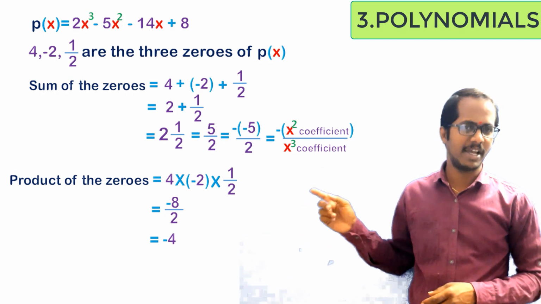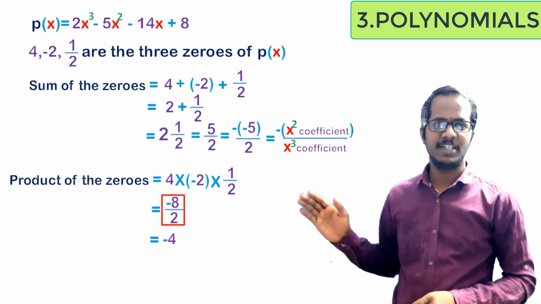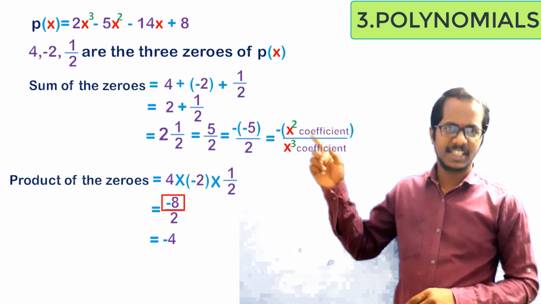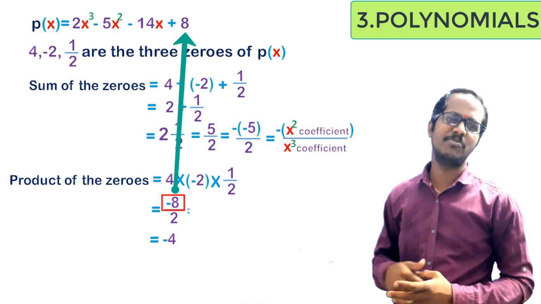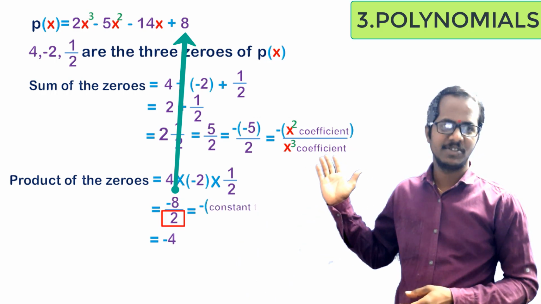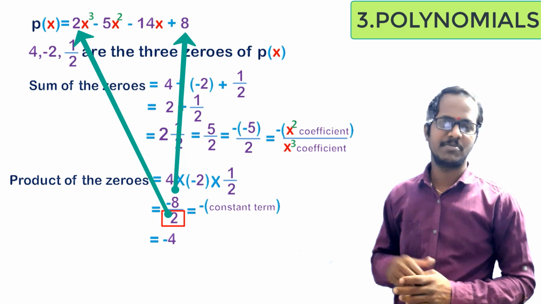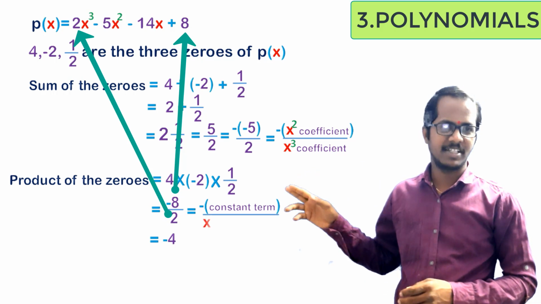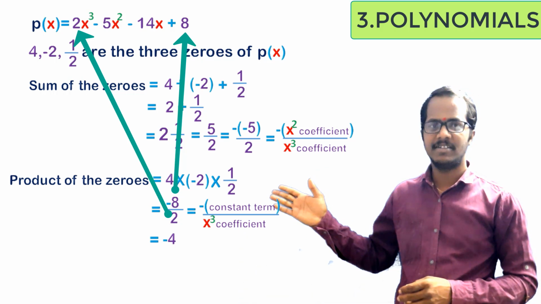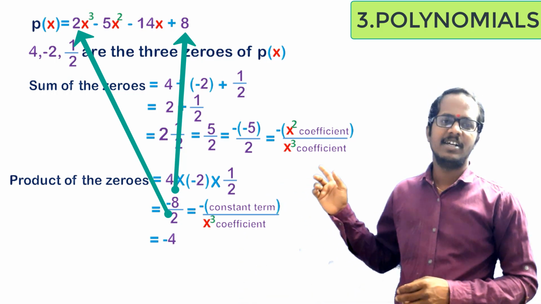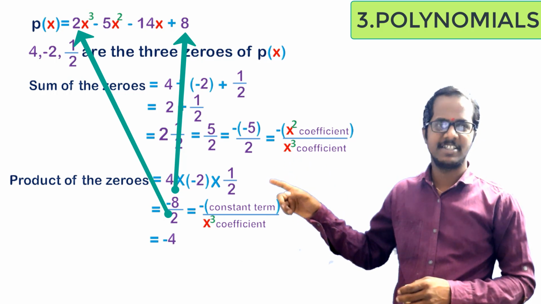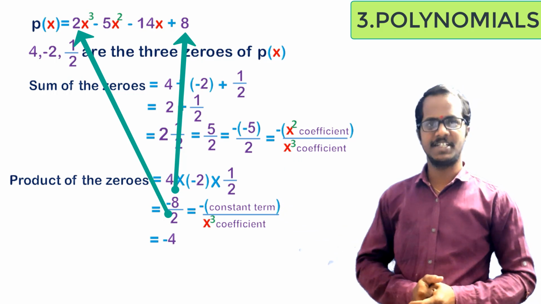But if you observe this fraction minus 8 by 2, this 8 is related to the constant term in the cubic polynomial, and this 2 is again related to the coefficient of x cube. So 8 can be written as constant term and 2 can be written as x cube coefficient. For the minus, we have to take minus constant term by x cube coefficient.